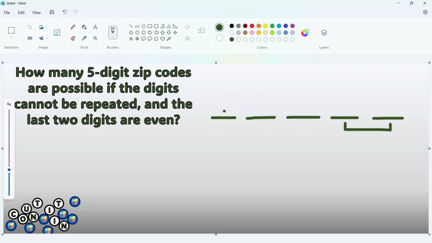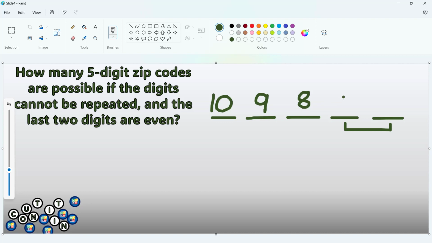Because if you start here, it will be very difficult to identify the remaining digits. In the previous situation, where digits cannot repeat, we use this process: 10, 9, and 8. That would mean that the digit used for the first digit can no longer be used for the second, and that the first 2 can no longer be used for the third. Hence, we have 10, 9, 8.